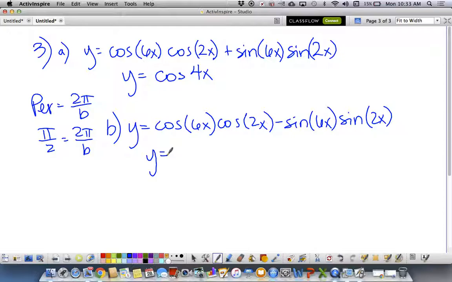Right. So you have 1, 2, 3, 4, 5, 6, 7. So how many times did it repeat in a 2 pi, 360 degrees time? How many times did it repeat, Prince? So what should your equation be? Cosine 8x.